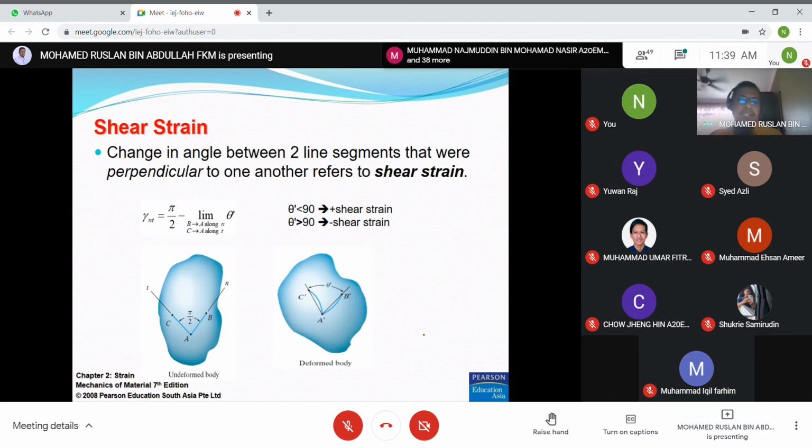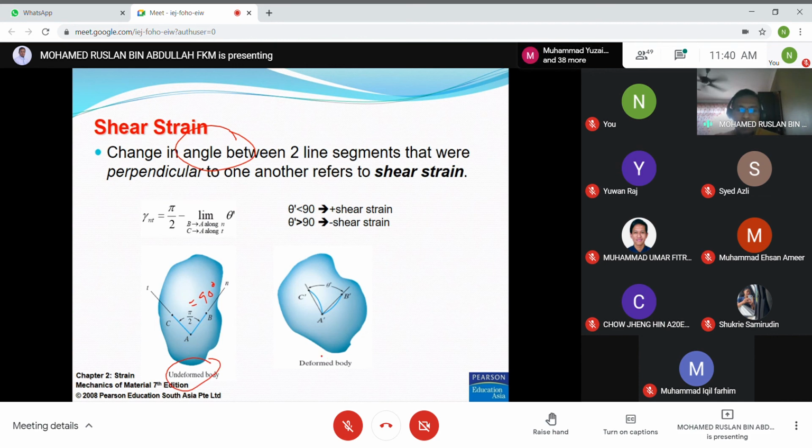Shear strain means that in this case we want to measure the deformation of the body based on the angle. For example, this is the body. The angle between AC and AB equals half pi, which means 90 degrees. So this is before deformation.